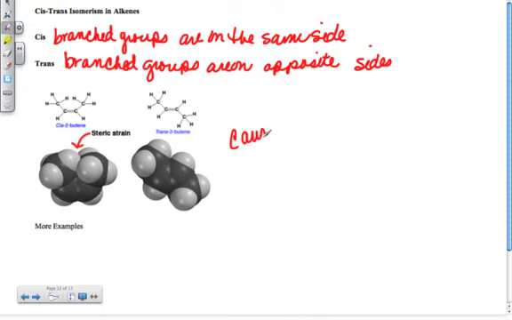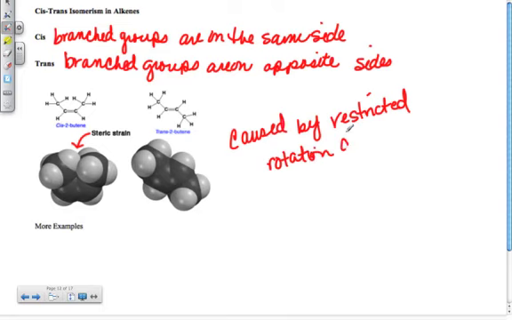And this is caused by what's called steric strain, which is restricted rotation due to the presence of the pi bond. It gets a little bit more involved than that, but at this level this is a good enough understanding.